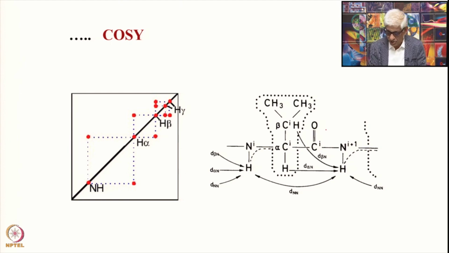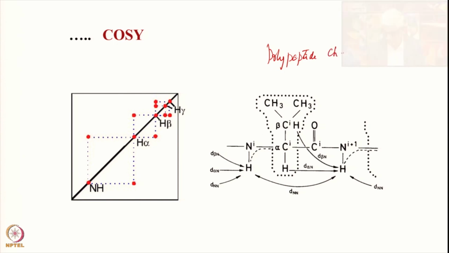This is the polypeptide chain, and from N, C alpha, CO, this is the residue I, the next residue is I plus 1, and the previous residue is of course I minus 1. Now let us consider this: the COSY experiment is designed for J correlations. This will allow transfer due to J coupling.